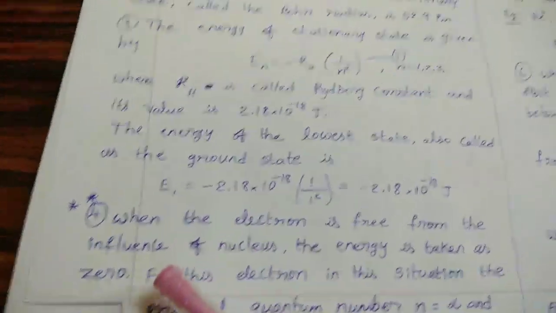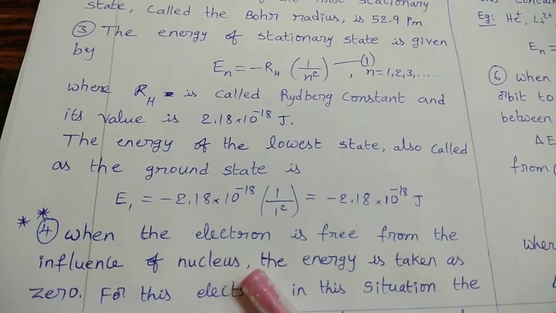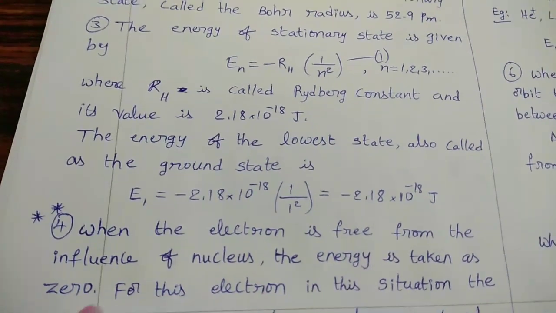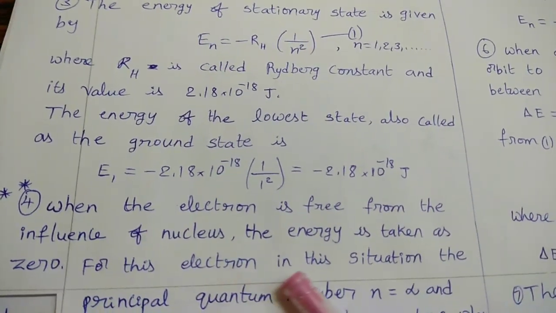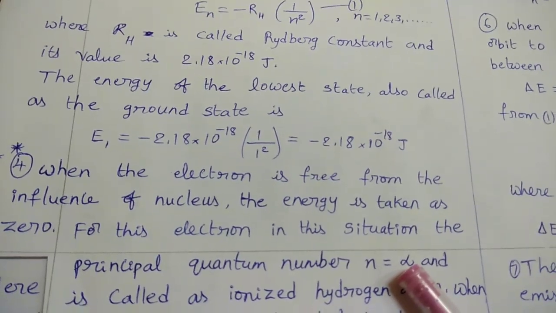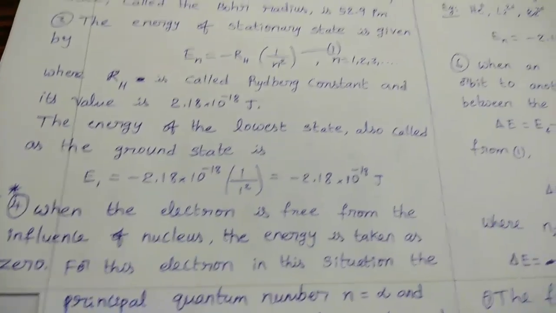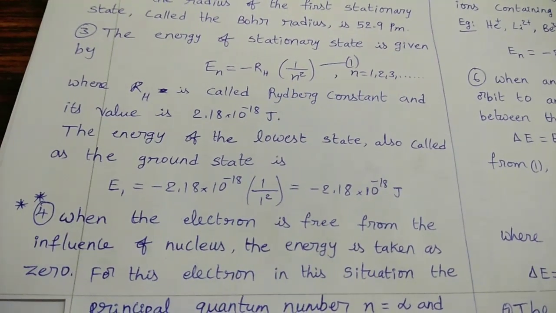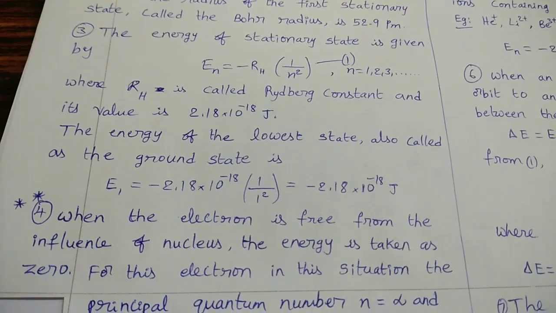Next, when the electron is free from the influence of the nucleus, the energy is taken as 0. That means for the electron in this situation, the principal quantum number n equals infinity. Here the principal quantum number represents the orbit number. Electron not under the influence of the nucleus means its orbit is infinity.